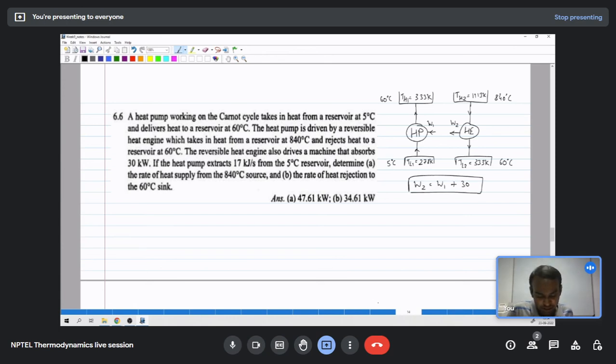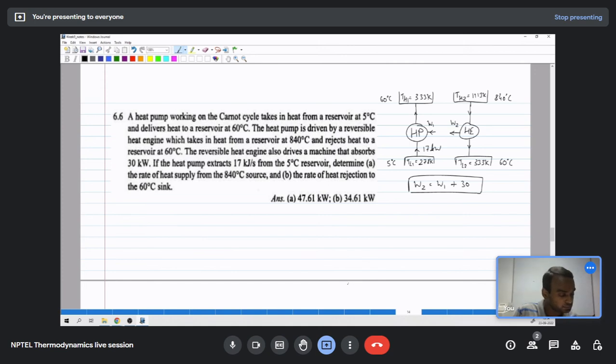If the heat pump extracts 17 kilojoules per second from the 5 degrees Celsius reservoir, so that means this value is 17 kilowatt. Determine the rate of heat supply from the 840 degrees Celsius source and the rate of heat rejection to the 60 degrees Celsius sink.